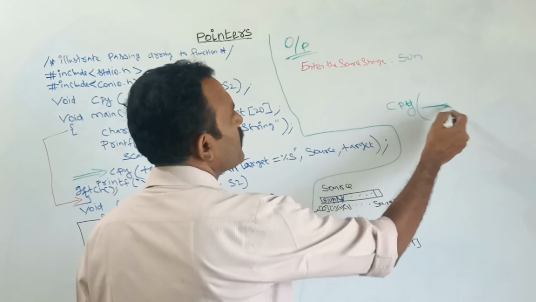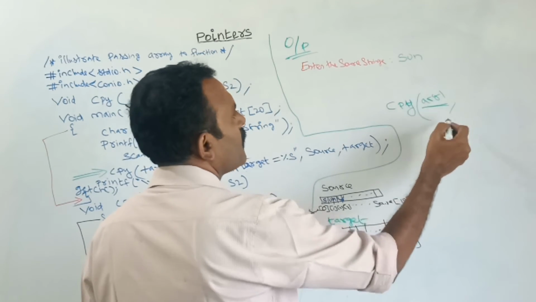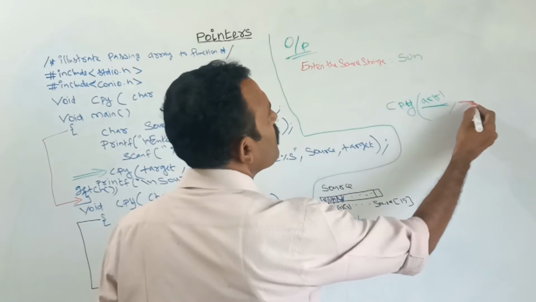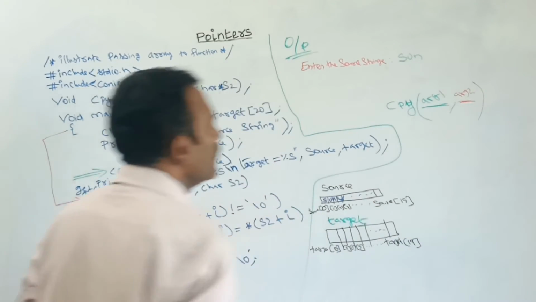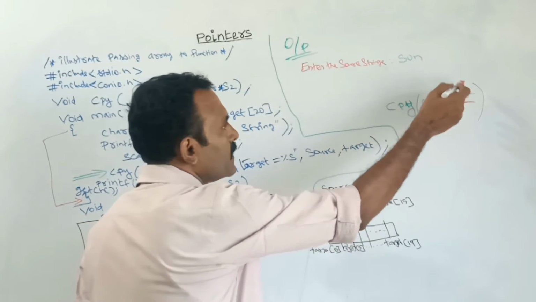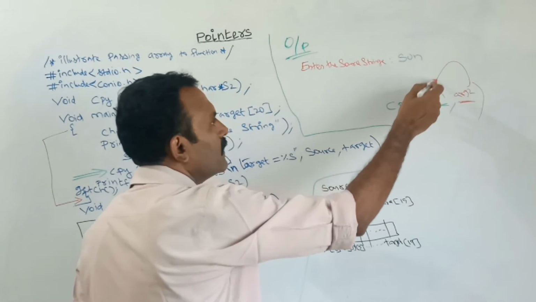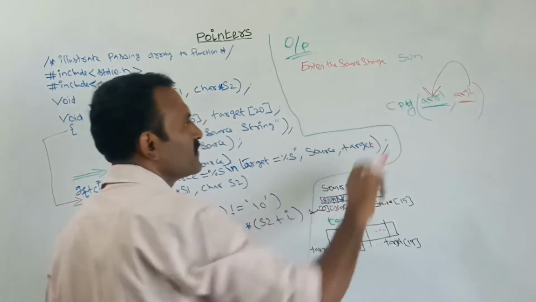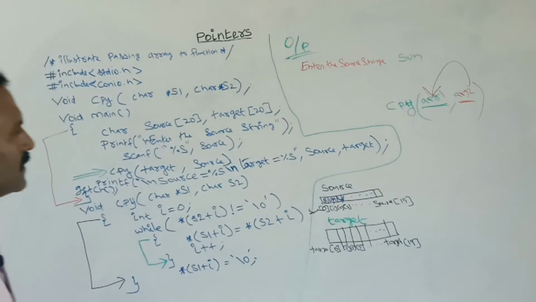This is the first argument, comma, this one is the second argument. While using this function CPY, it will copy the second argument, that is the second variable, to the first variable, in this direction.